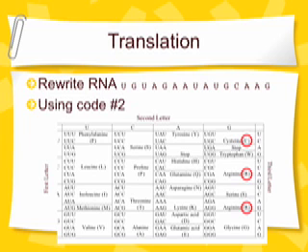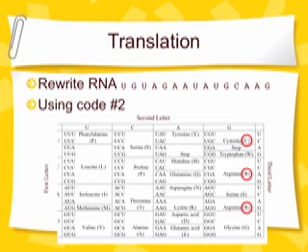Or you can notice that the first letter is broken up on the left side of the table with U's first, then C's and A's and G's. So if U is the first letter, look at the top part of the table. If G is the first letter of the 3-letter group, then look at the G's on the bottom of the table. We are looking at UGU, so the first one is U, and it's going to be at the top part of the table.